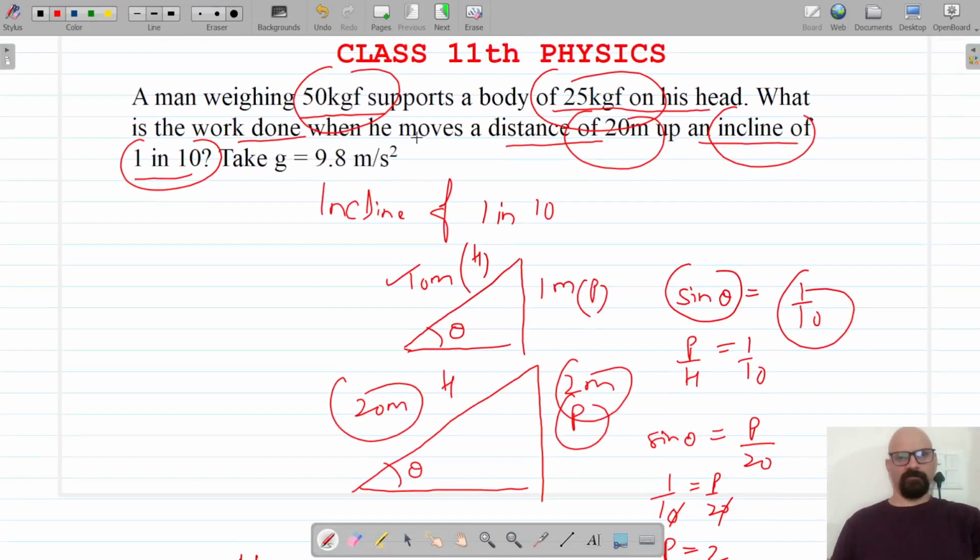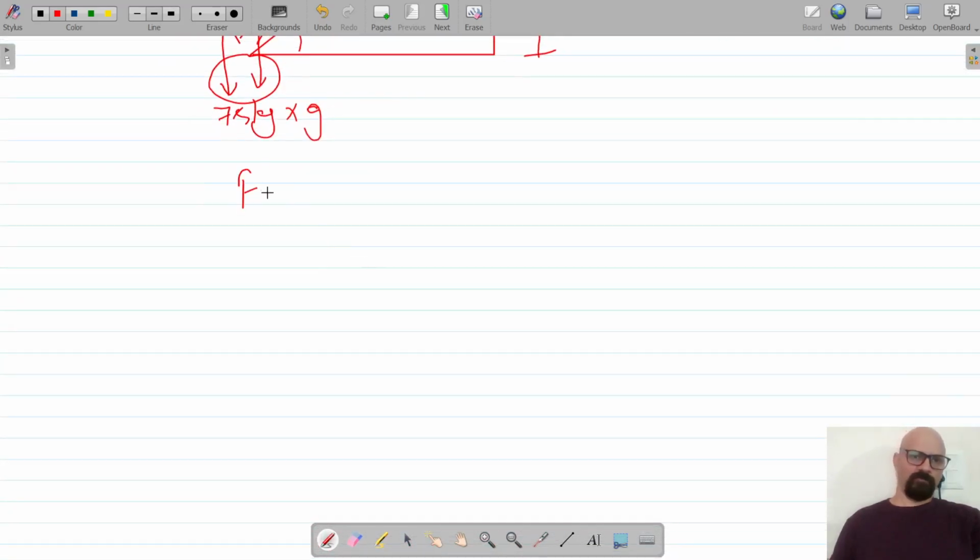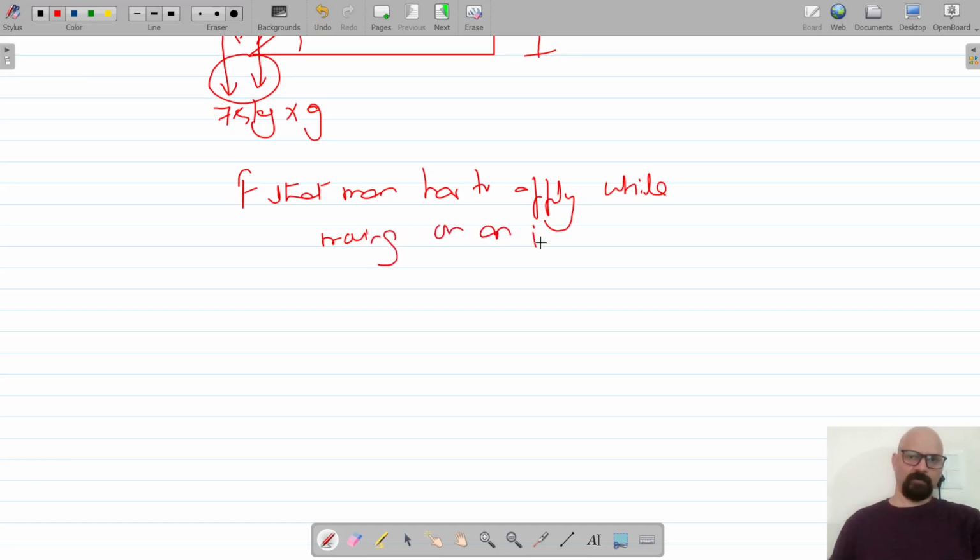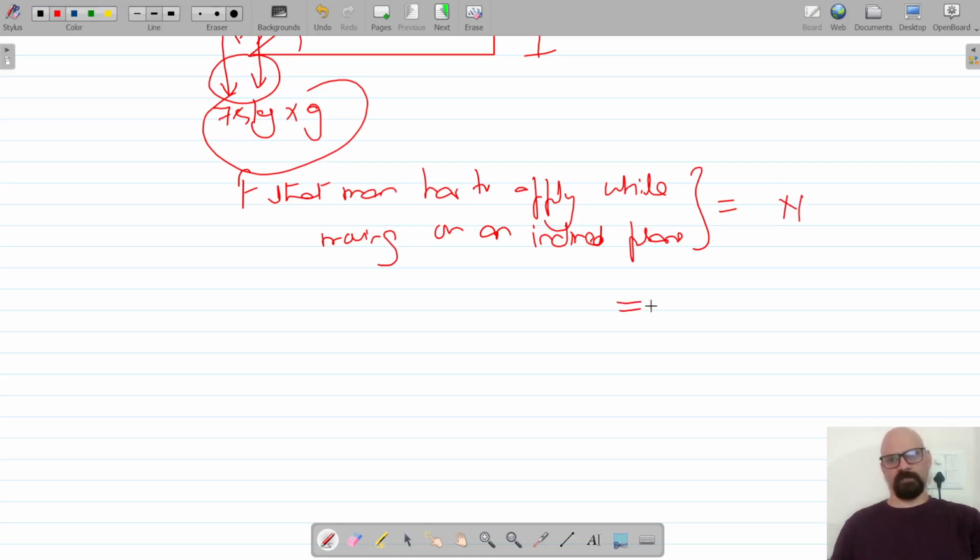This is the force that the man has to apply while moving on an inclined plane, which is equal to the weight, 75 kg into 9.8 newtons.